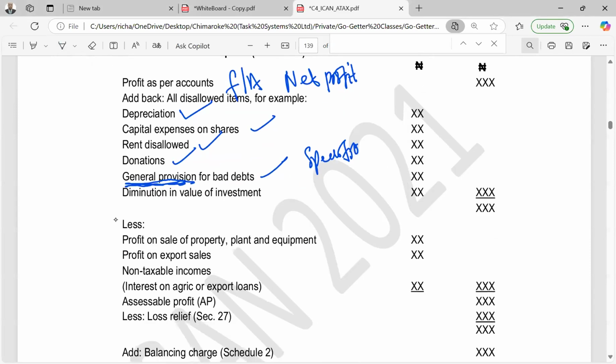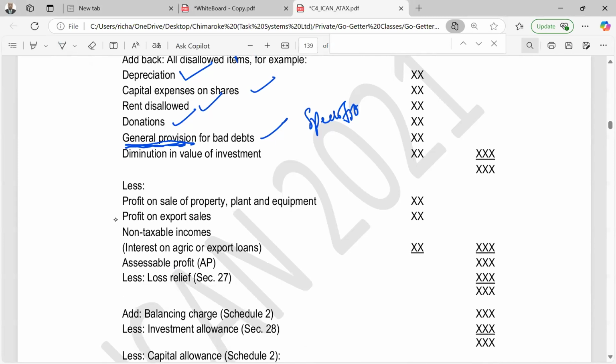Now, there are certain things that you have added in your income that you have to deduct. Some of them here include profit on the sale of plant and equipment. Those profits are not taxable in CIT.